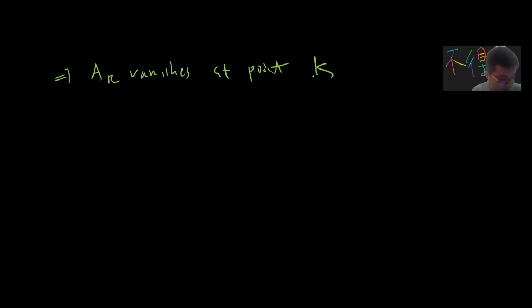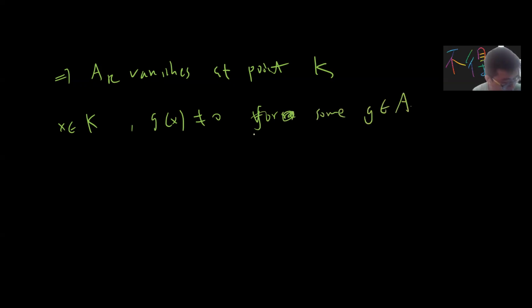Okay. The reason is that let's say x belongs to K and g(x) is non-zero for some g belonging to A. Then you also know that there is a complex number lambda such that lambda g(x) is greater than 0. And you can check this.